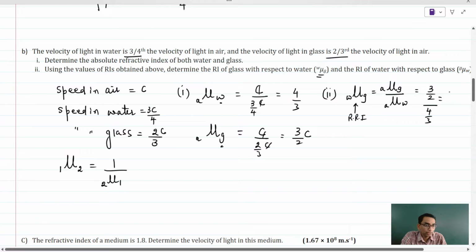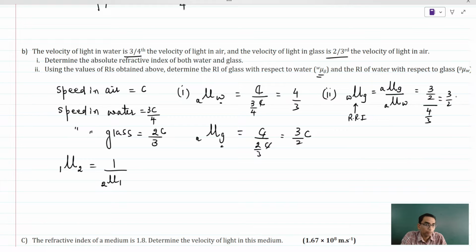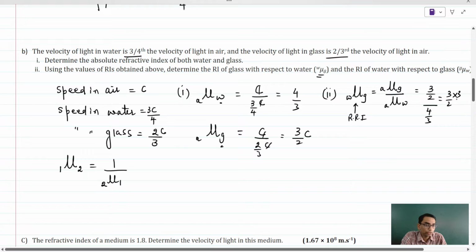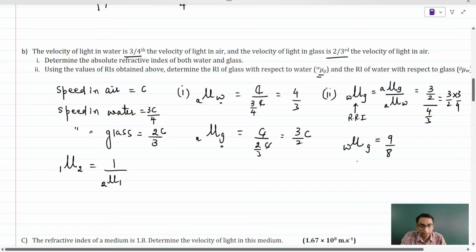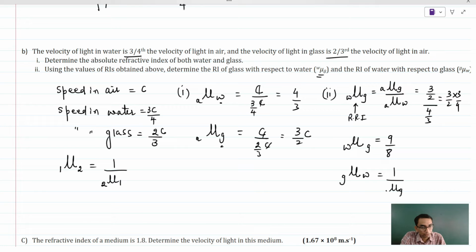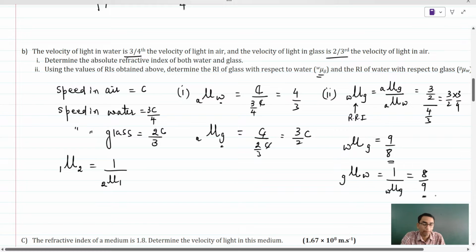So this will be 3 by 2 divided by 4 by 3, or into 3 by 4. So the relative refractive index of glass with respect to water is equal to 9 by 8. So the relative refractive index of water with respect to glass will be 1 upon that of glass with respect to water, so this will be 8 by 9. So finally, this is the answer of the second part.